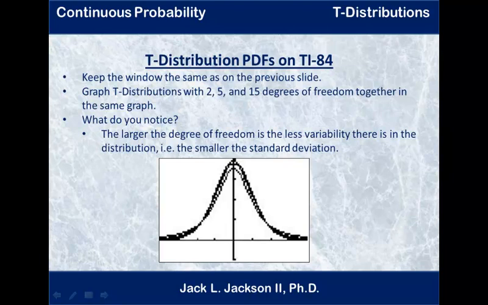That's the one with 2 degrees of freedom. And then the one with 5 degrees of freedom is a little bit lower out here. They cross over each other here, and then it's a little bit higher right here. And comes back down again. And 15 is even lower out here, but then even higher in the middle. So notice that the bigger the degrees of freedom, the more area you have there close to the mean of 0.